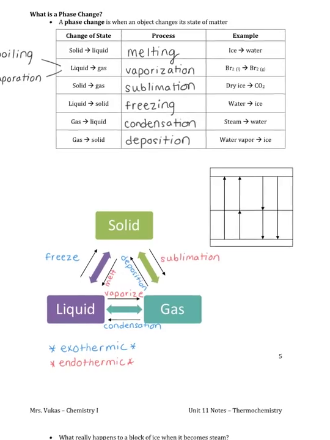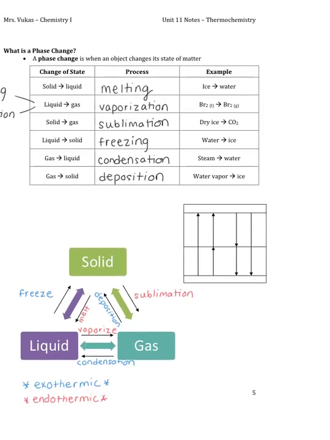The last part on this page is you guys can see this box right here with the different arrows in it. What this is really showing you is that if we say the bottom here is a solid, in the middle it is a liquid, and up here it is a gas.